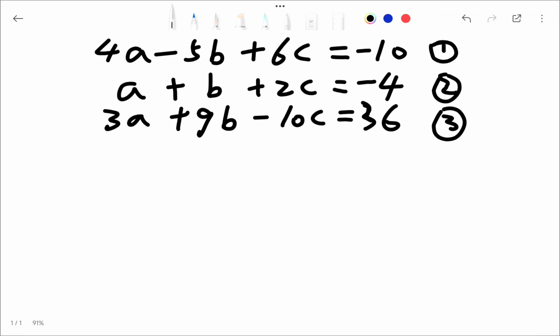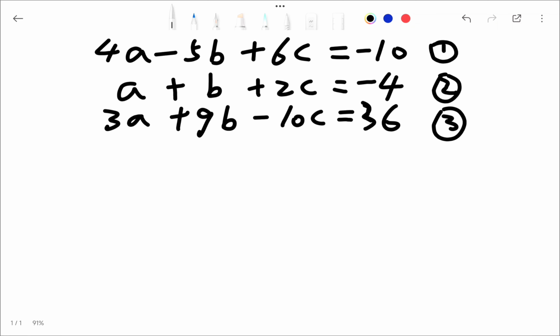We can do that, but then we have to substitute that long expression into either equation 1 or 3, and things can get a little bit messy. So personally, I would use the operation of equations to eliminate one of the variables first.